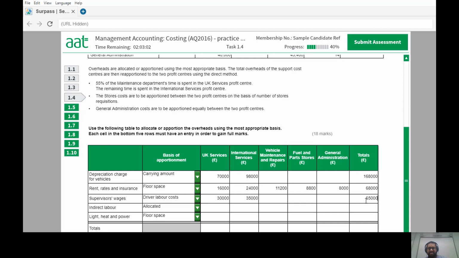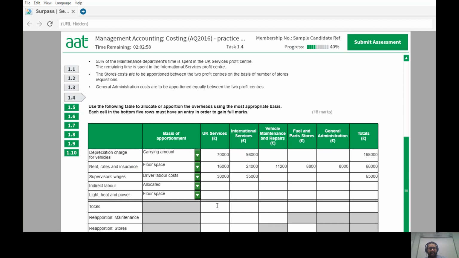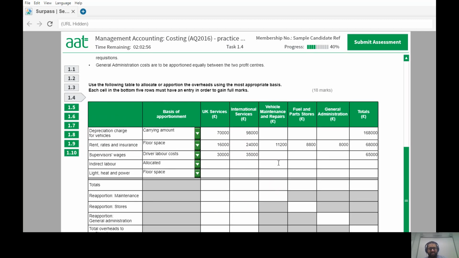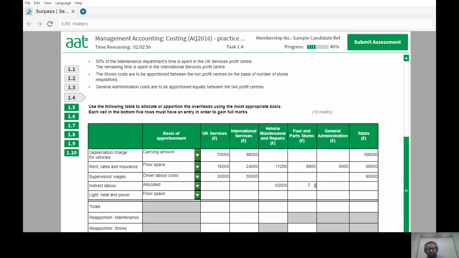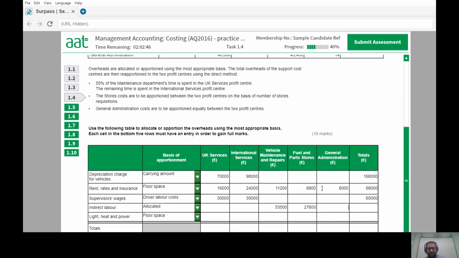Together, that should give me 65,000 there. And then indirect labor is going to be allocated. So we go here, 53500, 27600, and 43400.